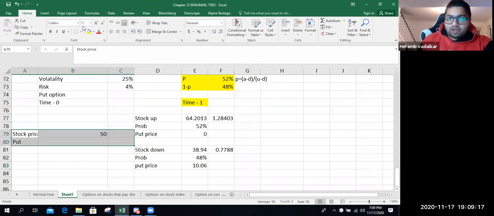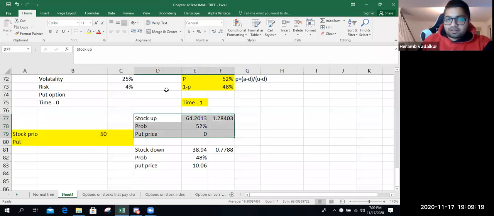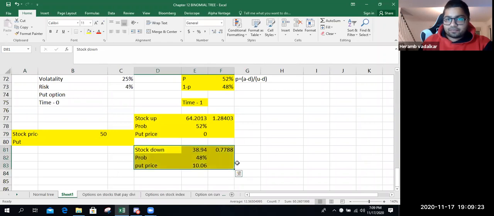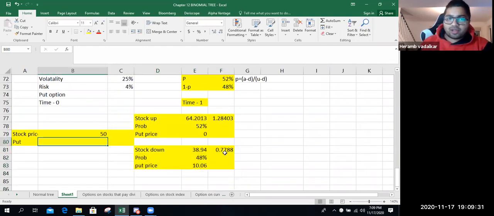So we have to solve the tree now. I'll just make it color coded so it looks like a tree. So we are at the roots. We found out the put prices based on the exercise price. Now we'll go back and start solving.